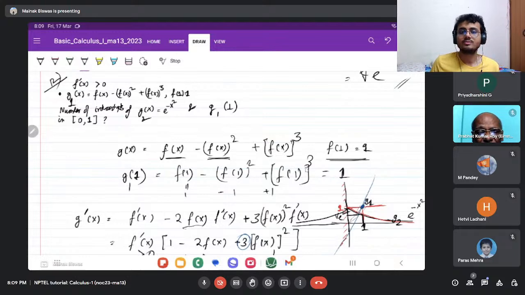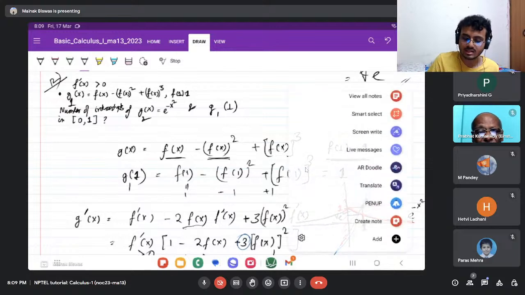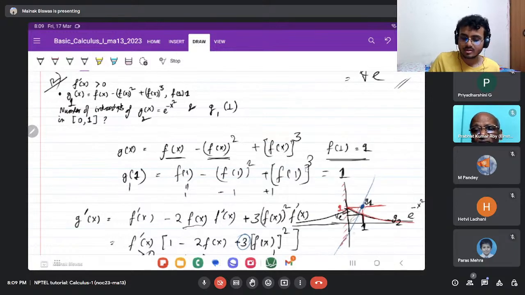This has to be the graph because it increases. It has to cut e to the power minus x square between 0 and 1, because it is increasing for all x.